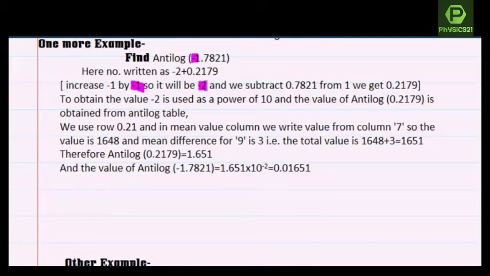And for the decimal part, we subtract it from 1, so as we subtract 0.7821 from 1, we get 0.2179.